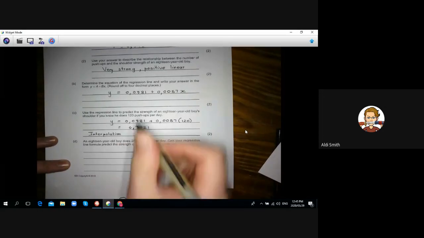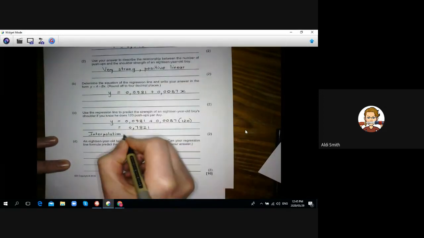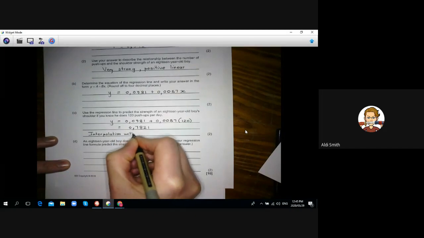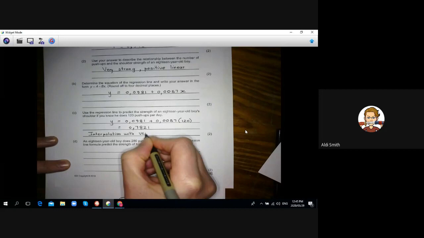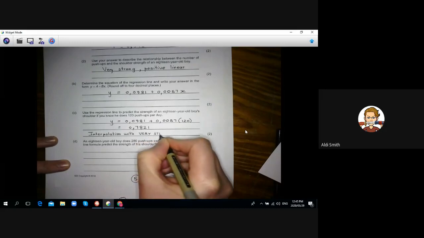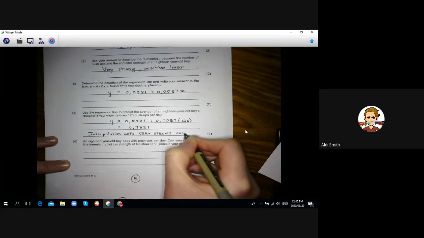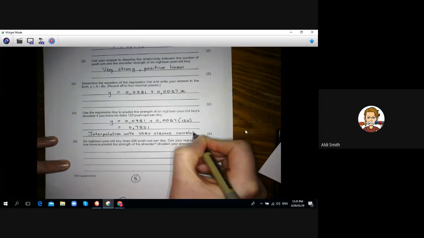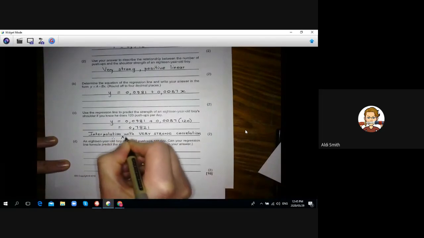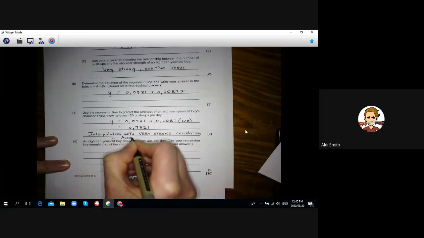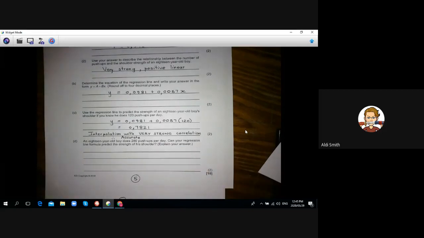Interpolation with a strong correlation. So yes, it's accurate. It's actually not just strong, it's a very strong correlation, so it's accurate. Therefore, this is an accurate prediction. Well, as accurate as a prediction can be.